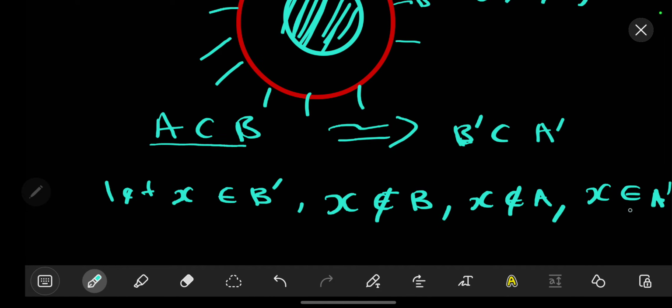If it is not in A, it is a member of A complement.